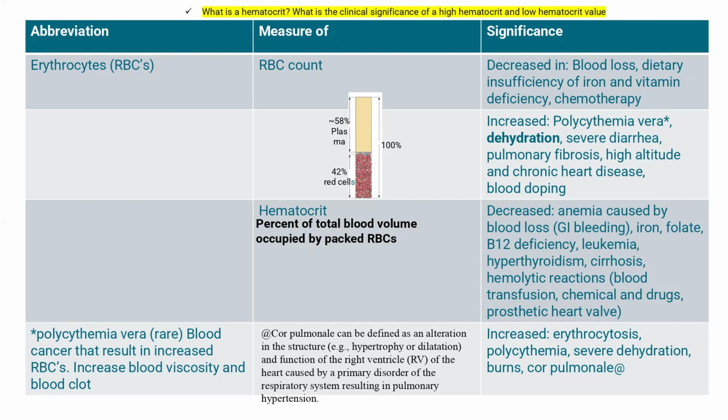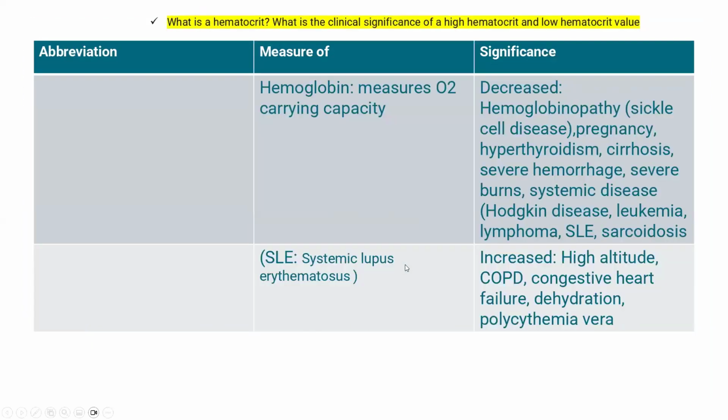If somebody, for any disorder within the heart, has had a valve replaced, the artificial one is not the same as the normal one, so it might result in destruction of RBCs, a low number of RBCs, and anemia as well. So hemoglobin measures O2 carrying capacity.